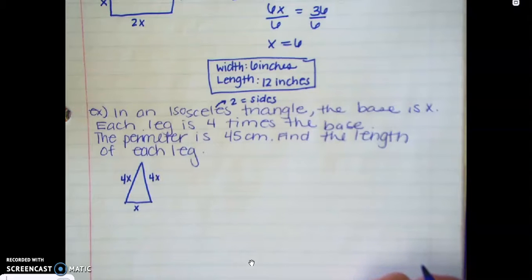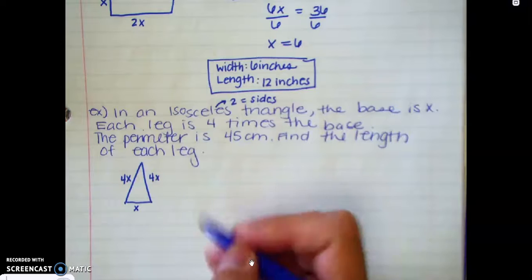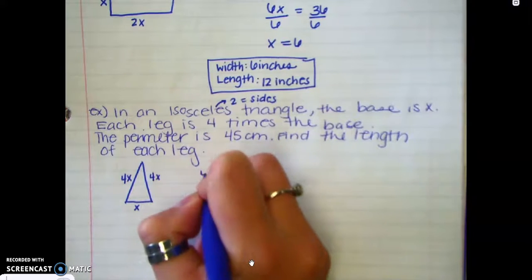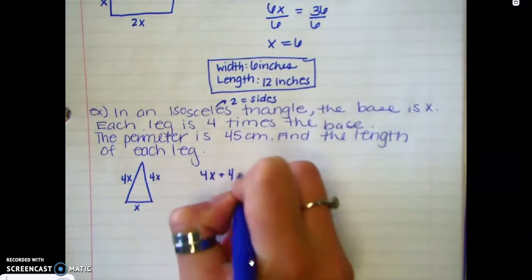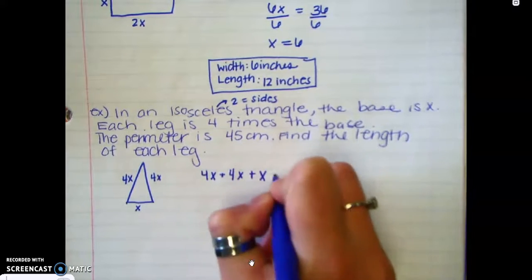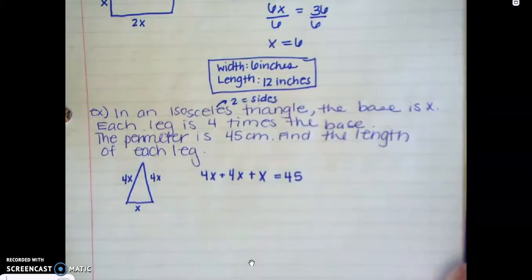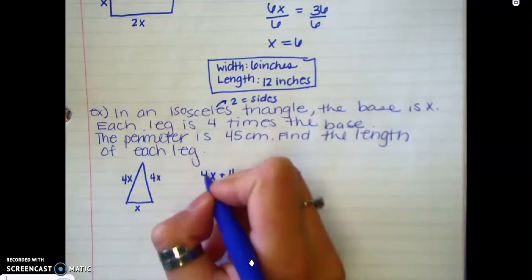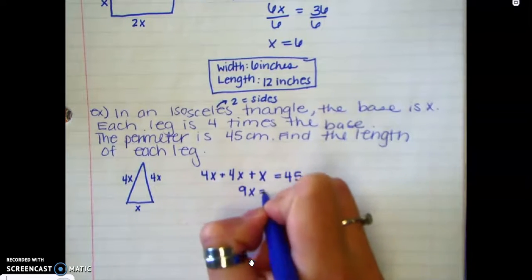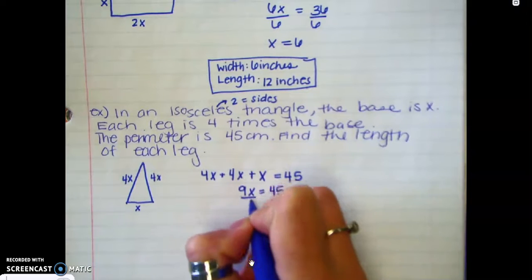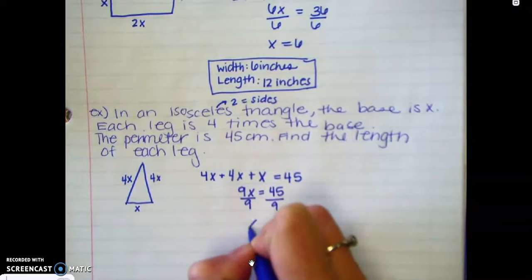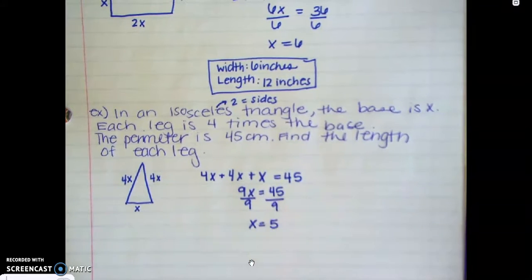The perimeter is 45. Find the length of each leg. To make this equation, I have to think perimeter. I'm going to add all those together. So I have 4x plus 4x plus x equals 45. Now I can combine like terms. I have a total of 9x equals 45. Divide by 9. I get x equals 5.